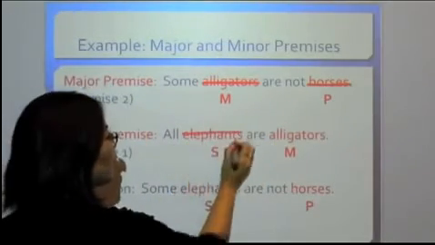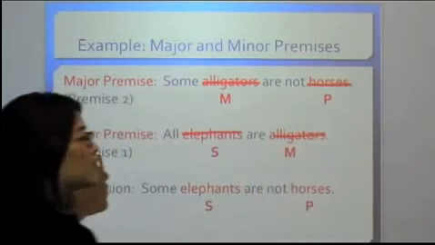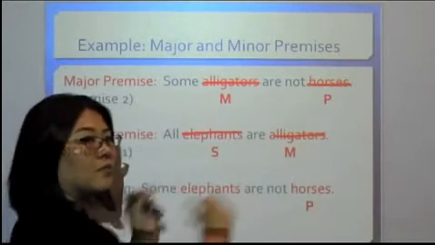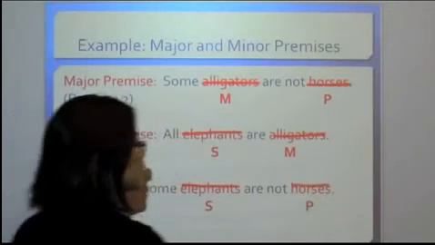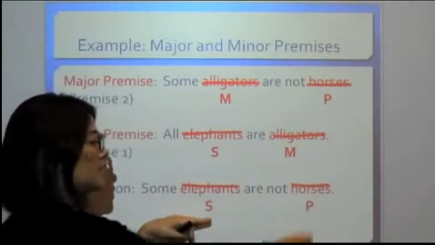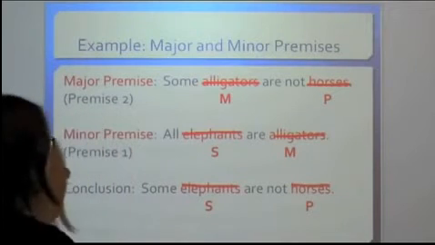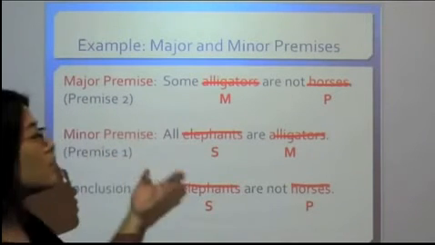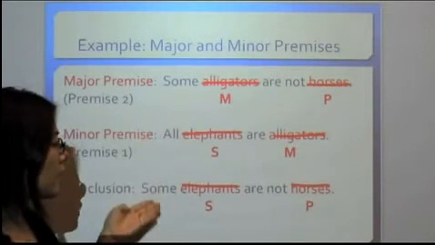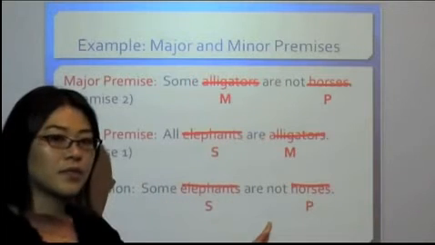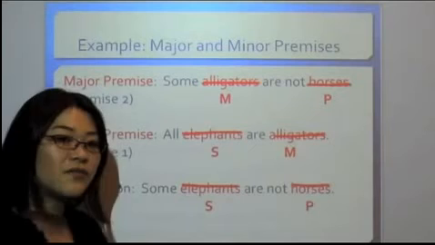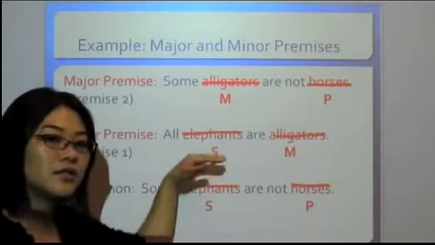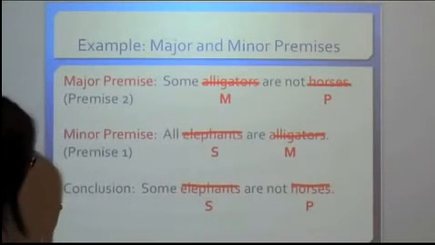We would remove elephants and alligators and replace them with S and M respectively, and again remove elephants and horses and replace them with S and P respectively. Notice we leave the quantifiers and the copulas. We're simply removing the content, the specific information contained in each of these statements.